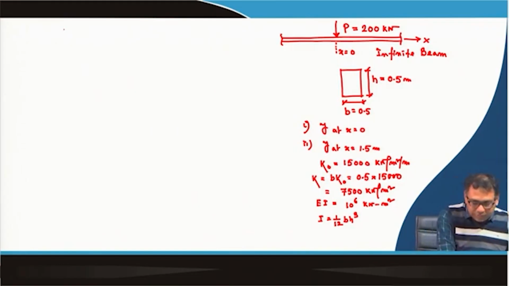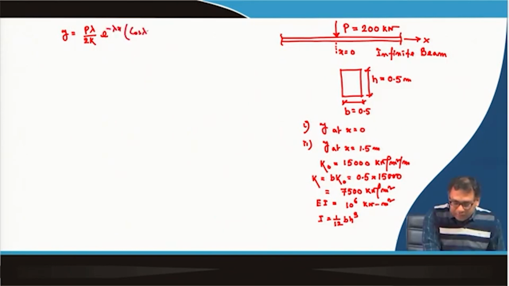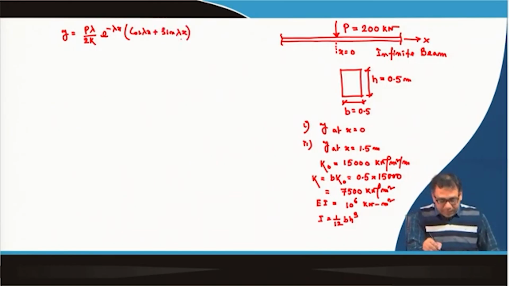We know the equation for deflection for an infinite beam subjected to a concentrated load is y equal to P lambda by 2k, and then e to the power minus lambda x into cos lambda x plus sin lambda x.